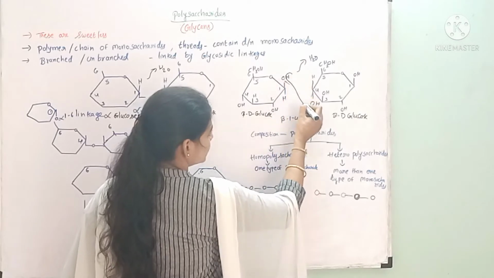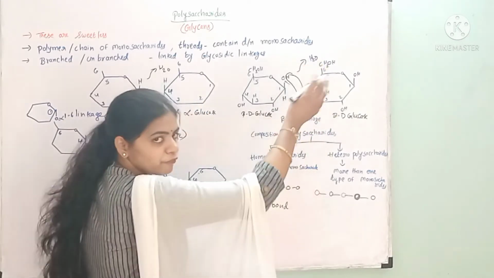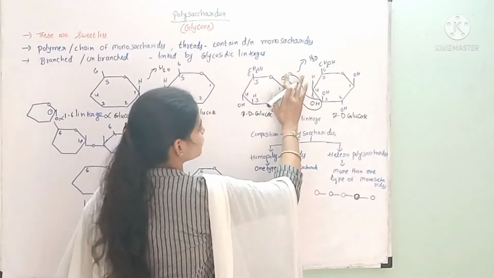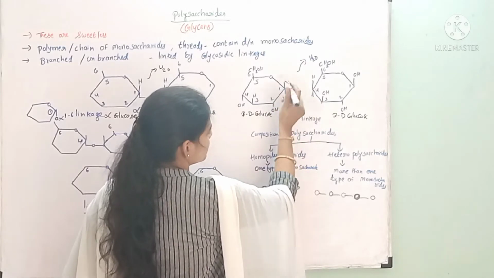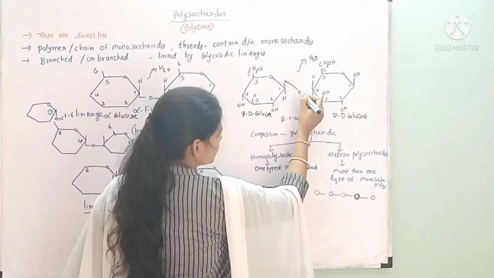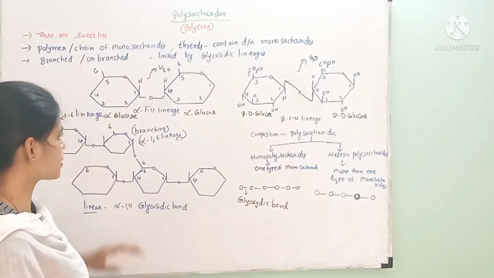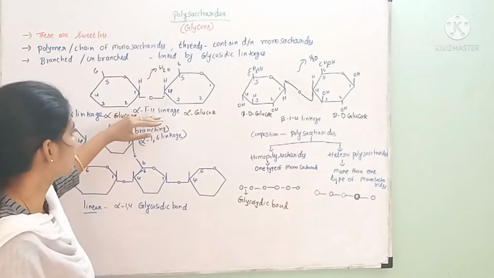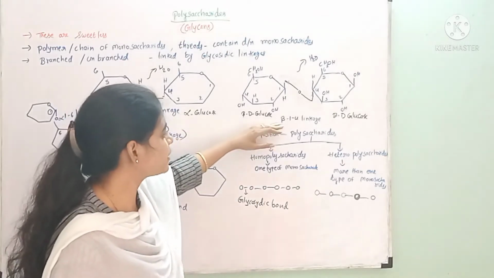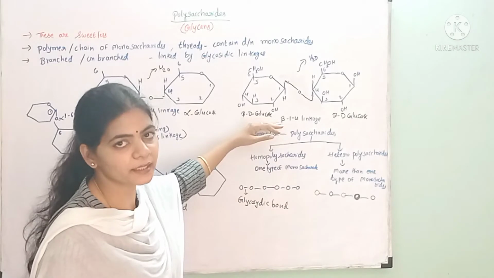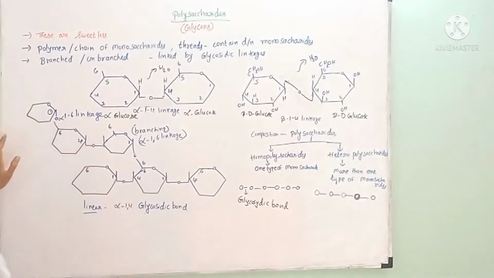From here to here, hydrogen and hydroxyl are removed in the form of a water molecule, and the remaining one is oxygen. With this, a linkage occurs from here to here. This is called the beta 1,4 linkage. The alpha 1,4 linkage occurs between alpha D glucose, and the beta 1,4 linkage is formed between beta D glucose, or it may be galactose or any sugar.